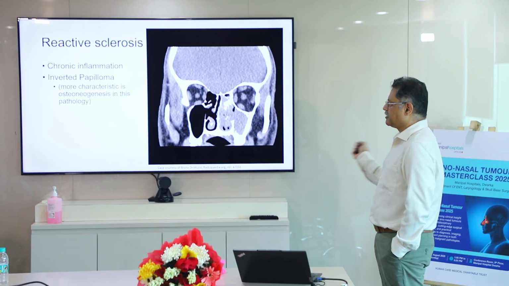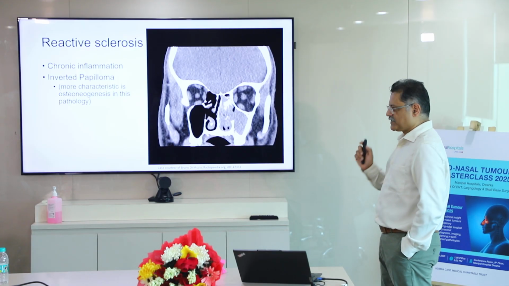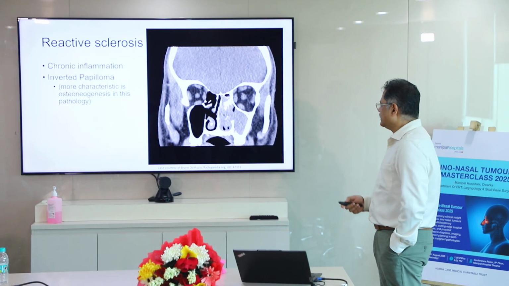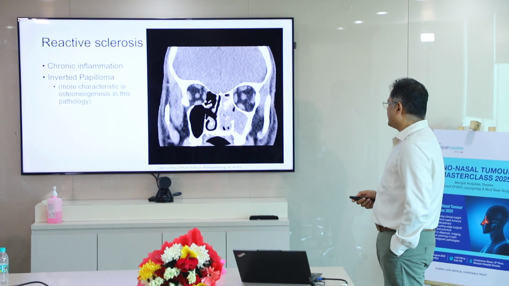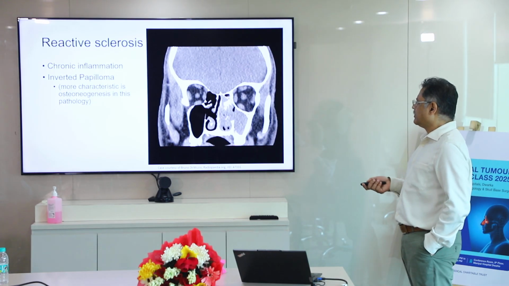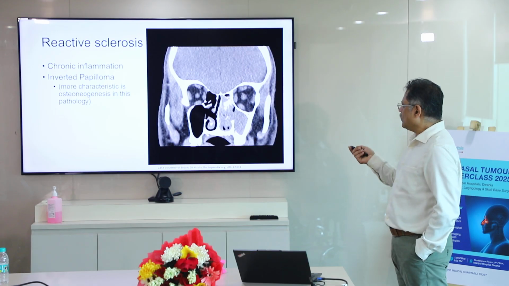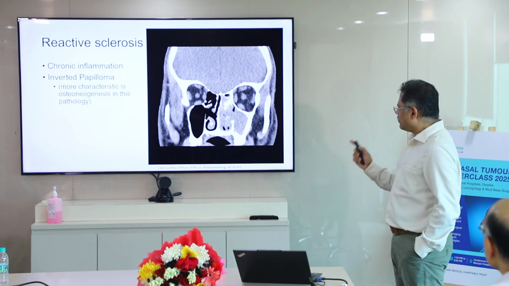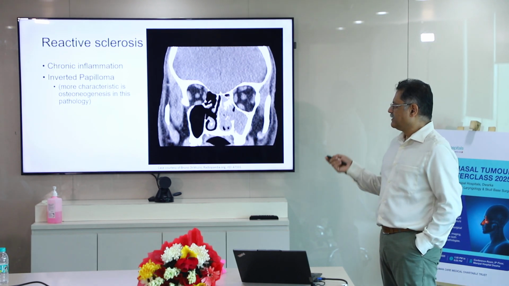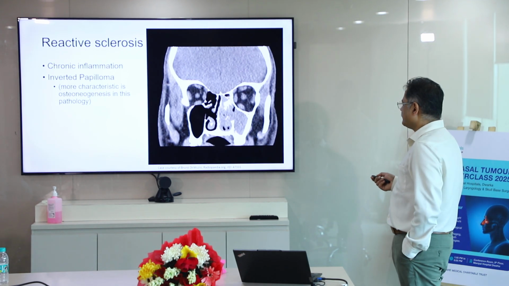It is not diagnostic of anything, but it just tells us that the process has been going on for a while. This is a slide showing an inverted papilloma with not only thickening of the sinus, you also see the characteristic neo-osteogenesis.